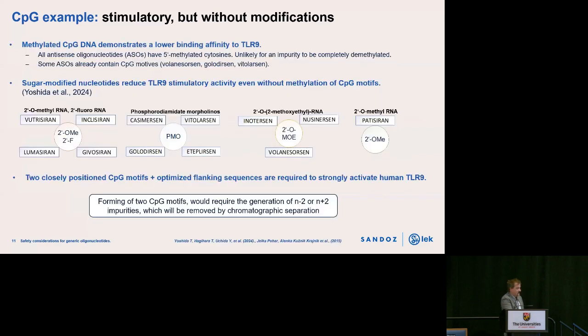And it is highly unlikely for such an impurity to arise, if not even altogether impossible. And also for those oligos that do not have a CpG motif by themselves, this would actually require the generation of an N-2 or N+2 impurity, which, as mentioned before, would be basically removed by chromatographic separation.